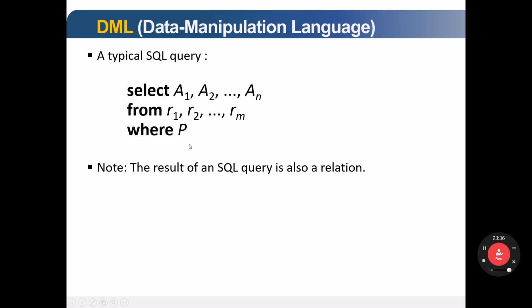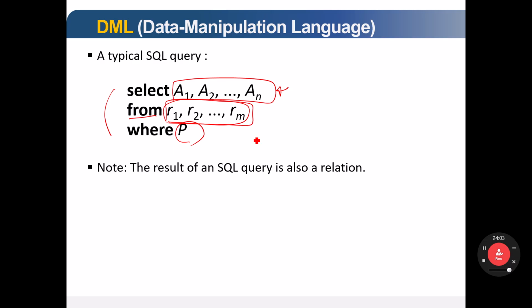So this select statement is the most commonly used query. What it means is we access these tables. So we are selecting these attributes from these tables. And those selected attributes, selected records must satisfy a given predicate.